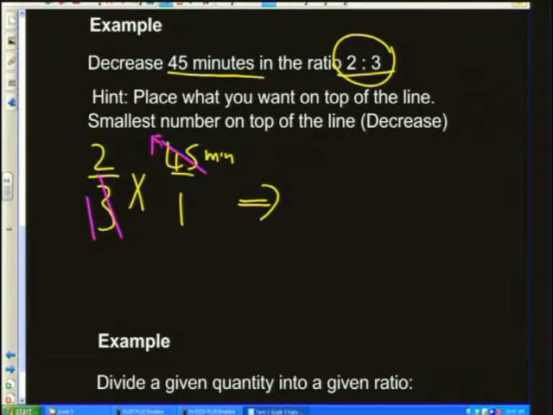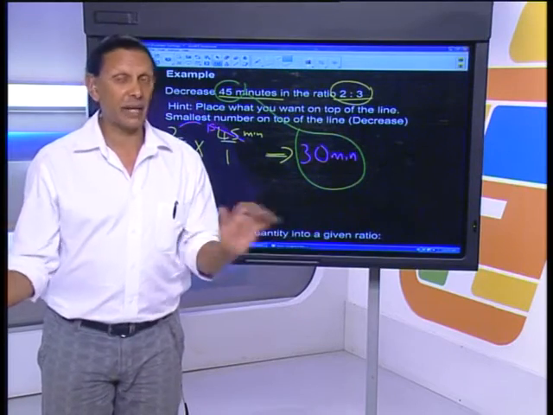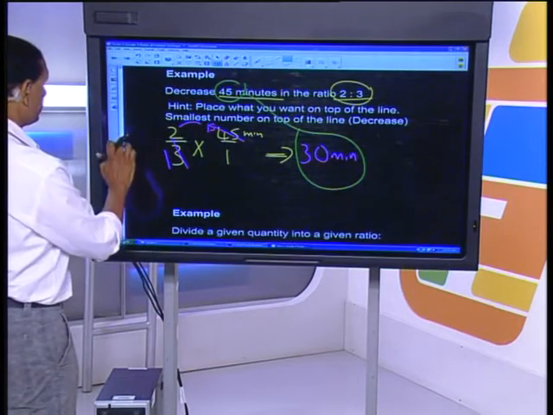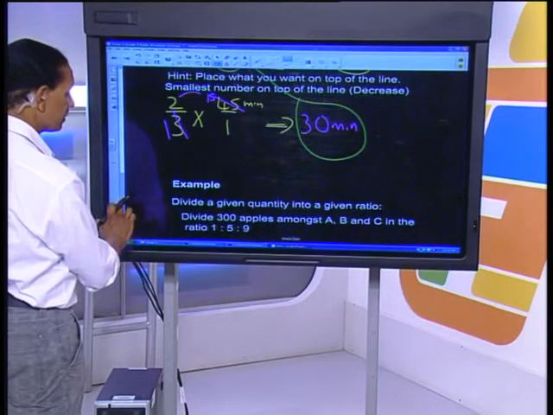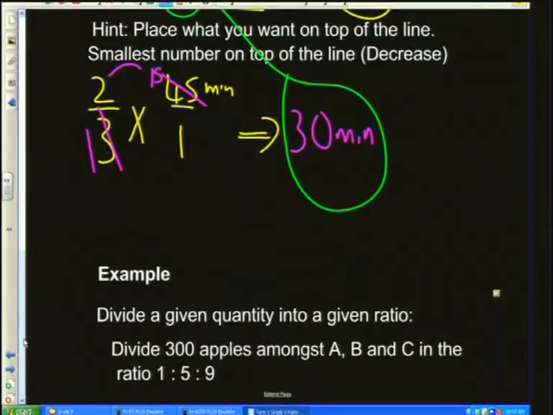Yes, there are 15, isn't it? 15 times 3 is 45, and 15 times 2 is 30 minutes. Right. Again, double check. 45 decreased to 30. So it's very straightforward, guys. I'm sure you will be able to do this. Definitely, definitely, definitely.